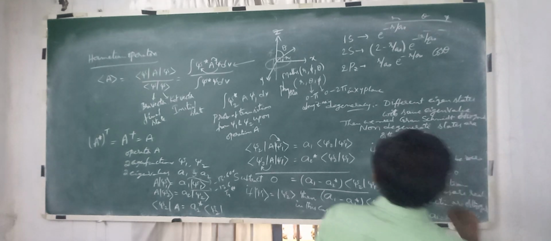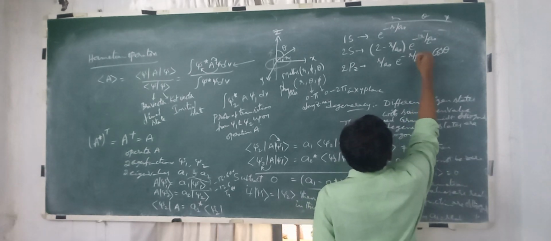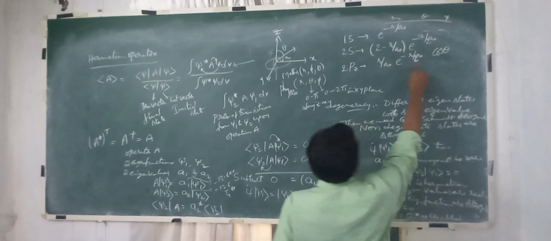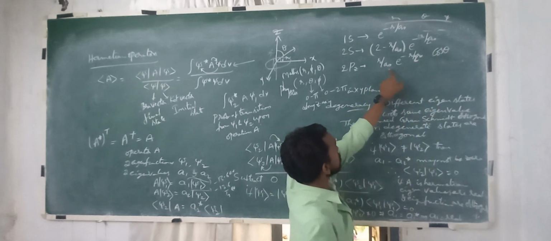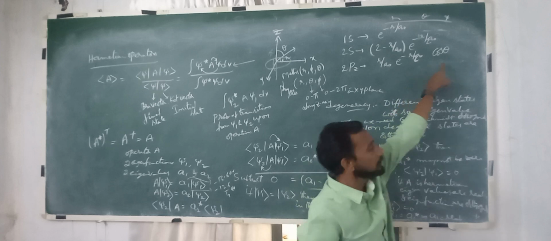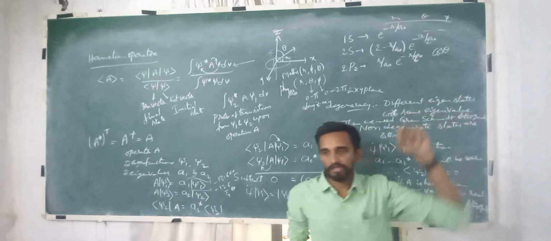So, for p orbital, the radial function remains almost same, e power minus r by 2a naught, except for this. So, it depends on cos theta.